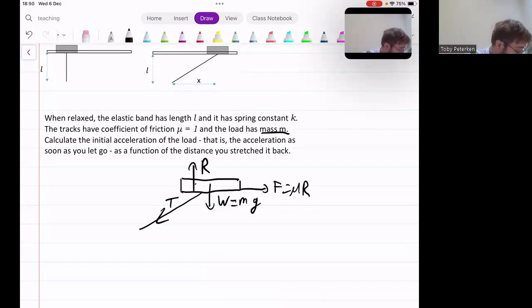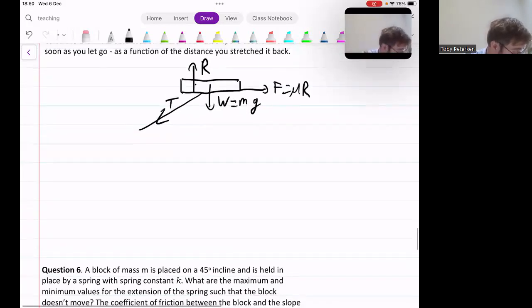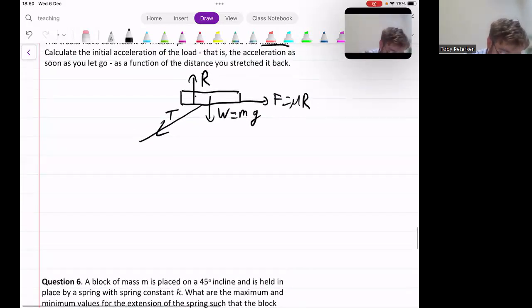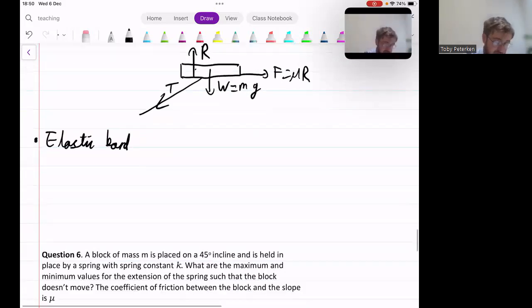So there's quite a lot of forces we need to look at here. Maybe let's start with the elastic band. Of course, start with any of them. Let's start with the elastic band.